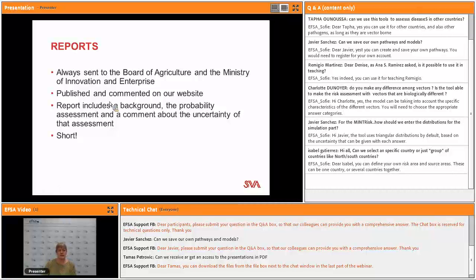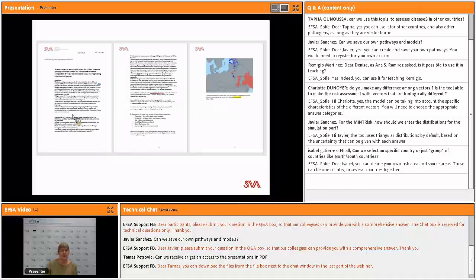And we try to keep it short, and it looks like this and includes a background, what happened, what was the event that triggered this assessment, and a short version of the assessment and the conclusion together with the interpretation. And we also most of the time include a map to show where the outbreak took place. And this is the assessment when African swine fever spread to Czechia.